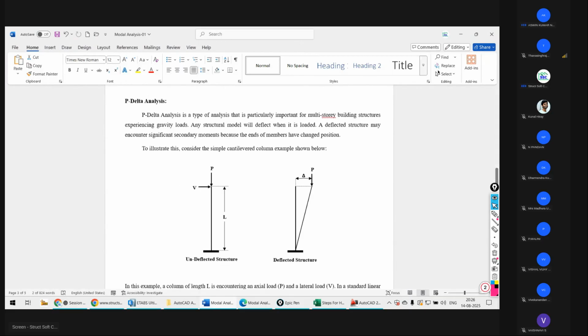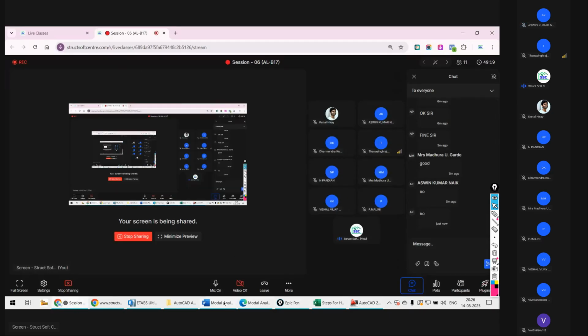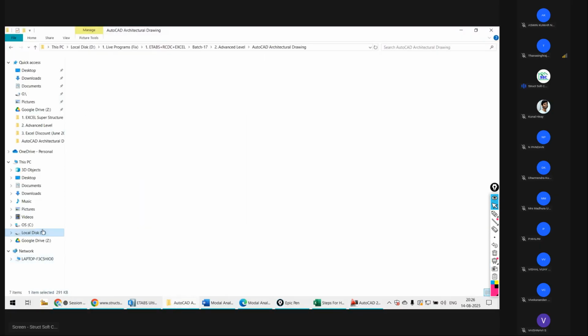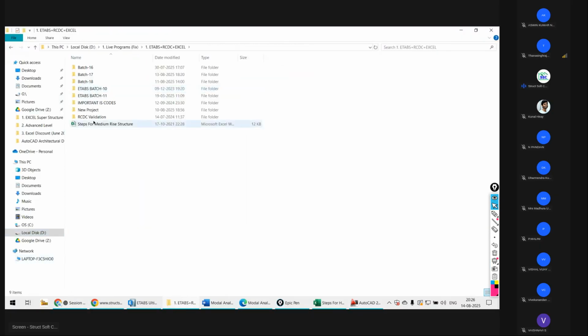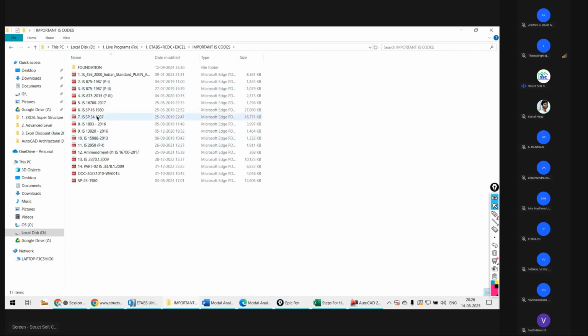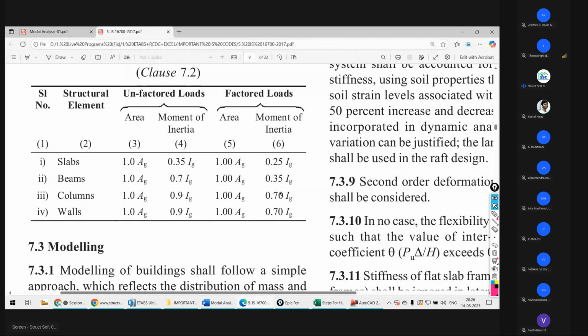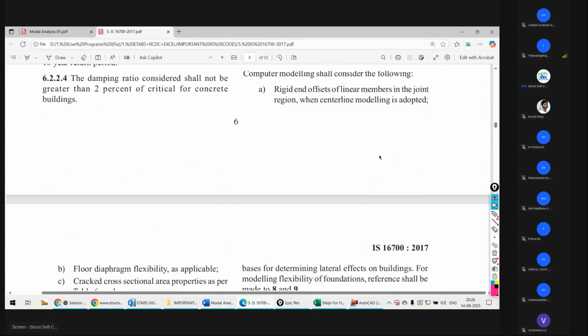Okay. Now, the second point is your P delta analysis. When you are going to see your IS 16700, where is it? IS 16700, have a look over this.